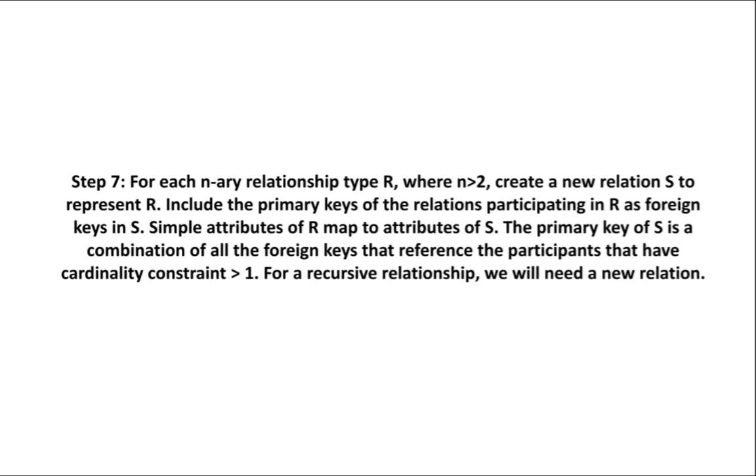Next, all the remaining simple attributes of R map to attributes of S. Obviously, when you make the attributes of one table the foreign key of another table, both will be related. You know that foreign key concept. And also, the primary key of S is a combination of all the foreign keys that represent the participants. Remember this.